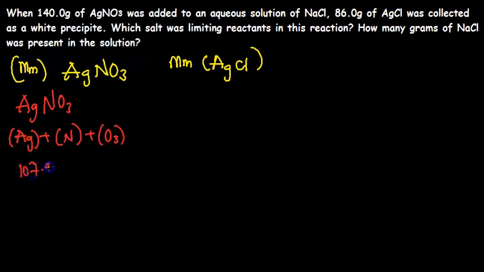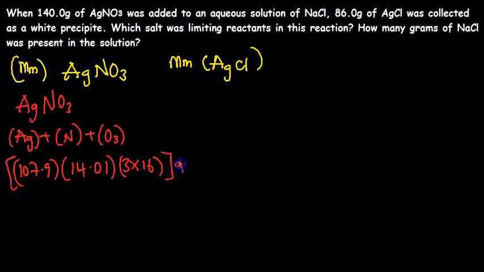On the periodic table, silver is 107.87, which is approximately 107.9, plus nitrogen is 14.01, plus oxygen is 16. But at this point we have 3 oxygen, so this is simply going to be 3 multiplied by 16, which is 48. Remember, everything is going to be in gram per mole.